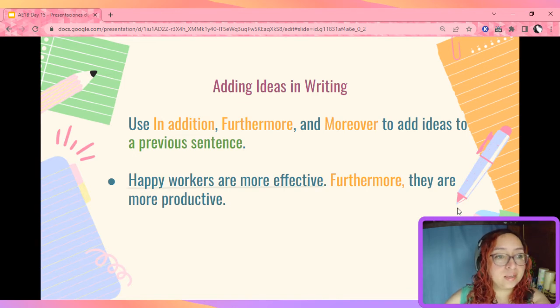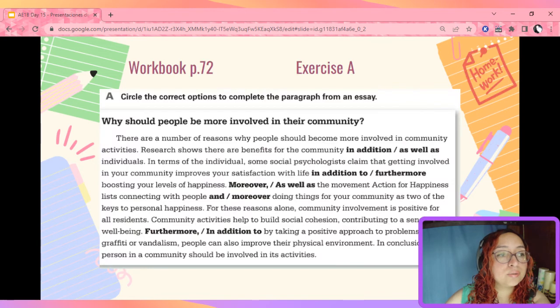Great. Now, let's go to workbook page 72, exercise A. Here, you need to choose the correct option to link ideas. Let's do the first one. Why should people be more involved in their community? There are a number of reasons why people should become more involved in community activities.